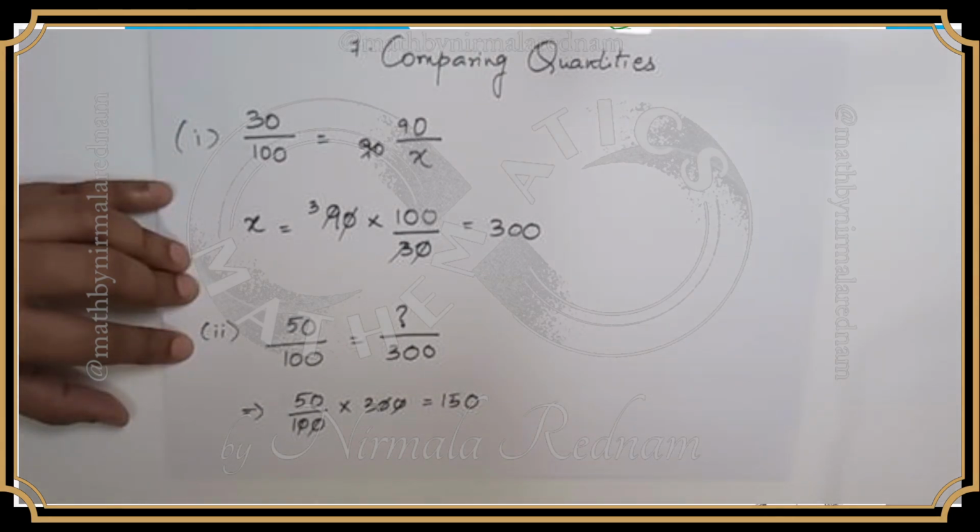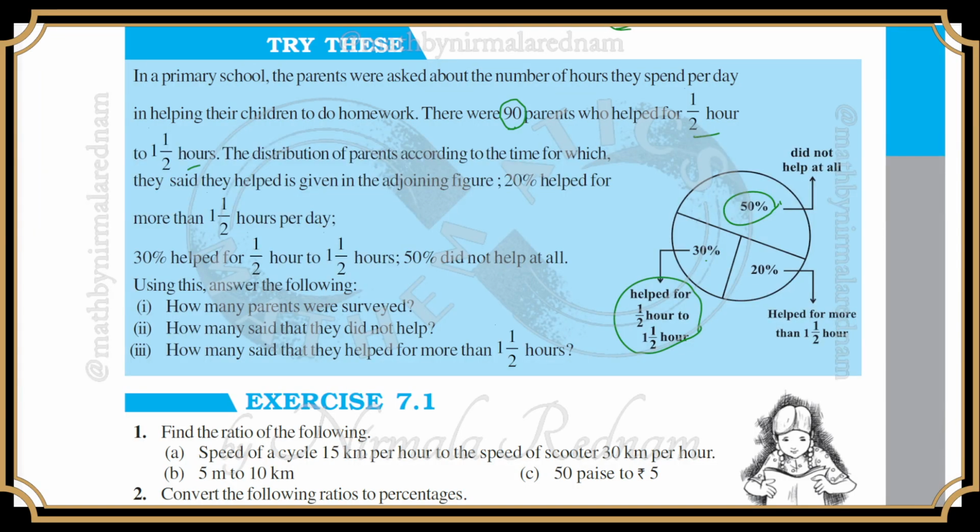Next, let's look at the next question. They're asking you how many said that they helped for more than 1.5 hours. Now you can see here, more than 1.5 hours is 20%, correct? In the pie chart that they have given, this is the segment that is more than 1.5 hour. So what is 20% of 300? That will give me my answer, right?